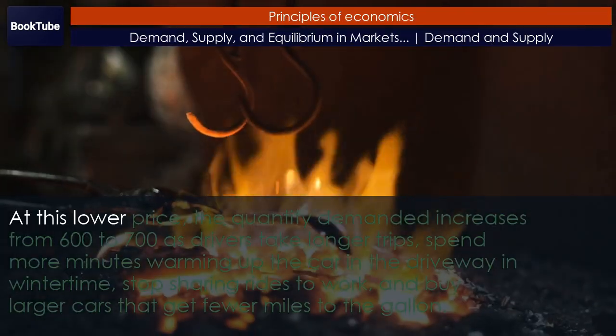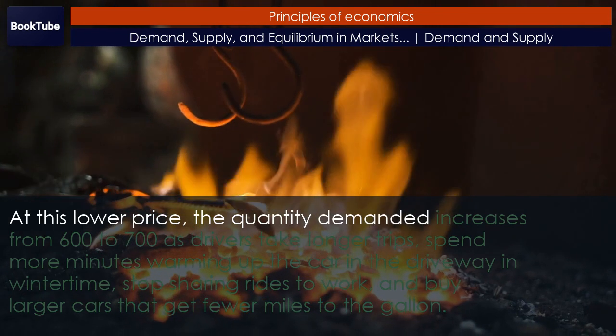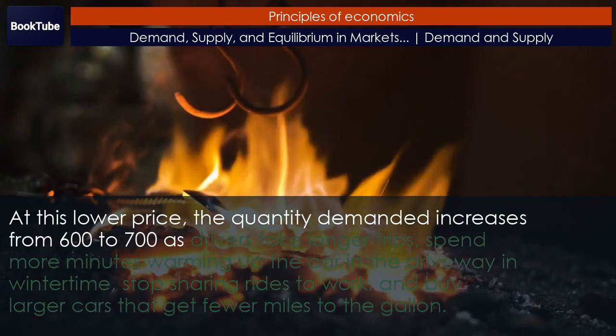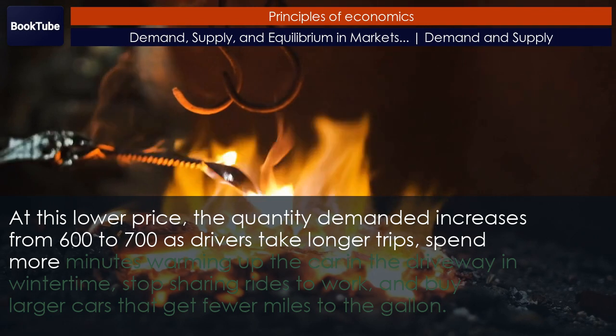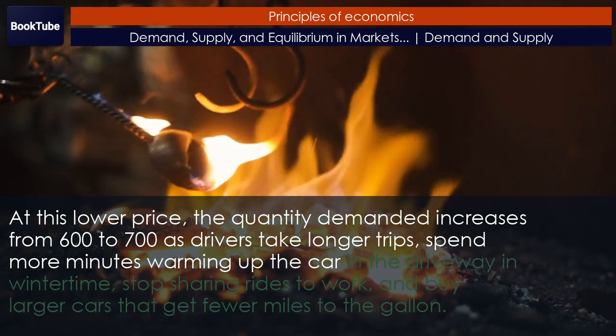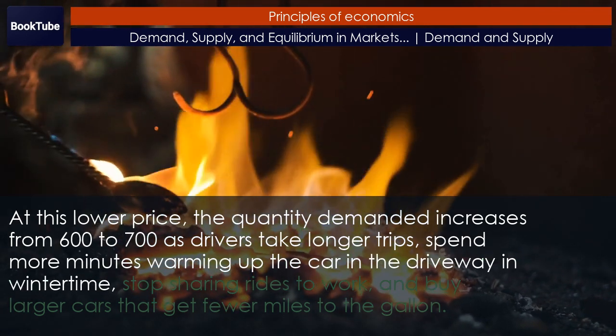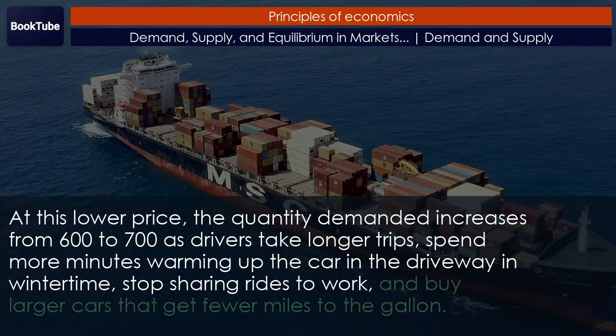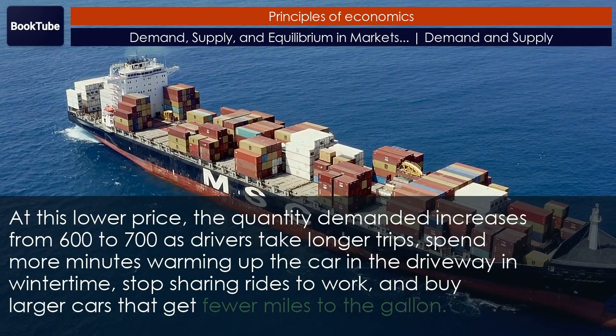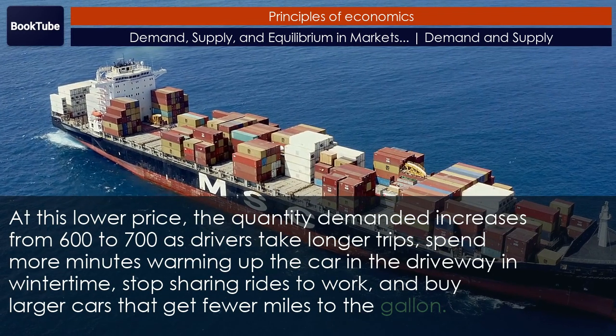At this lower price, the quantity demanded increases from 600 to 700 as drivers take longer trips, spend more minutes warming up the car in the driveway in wintertime, stop sharing rides to work, and buy larger cars that get fewer miles to the gallon.